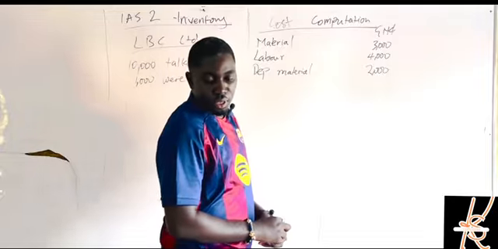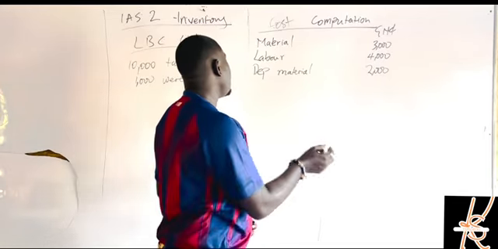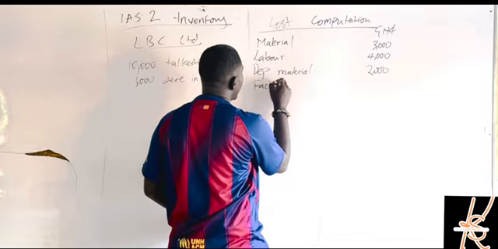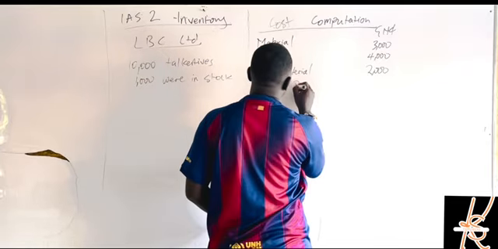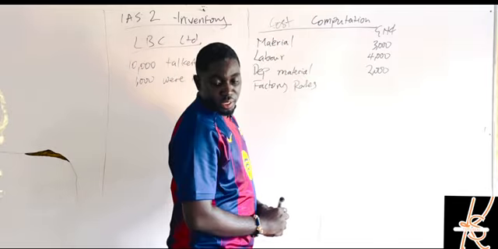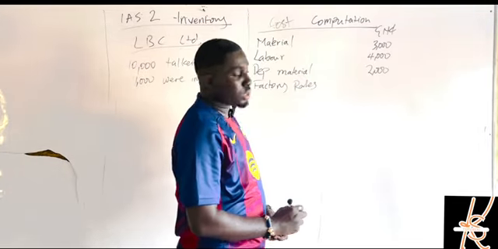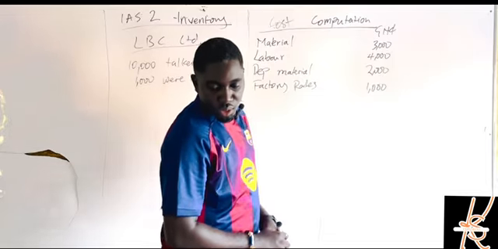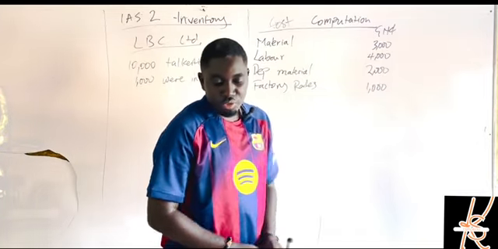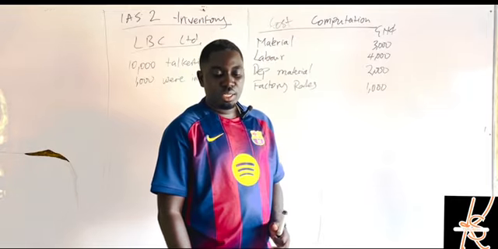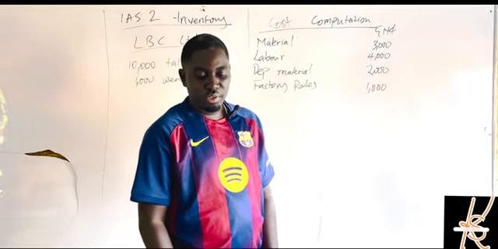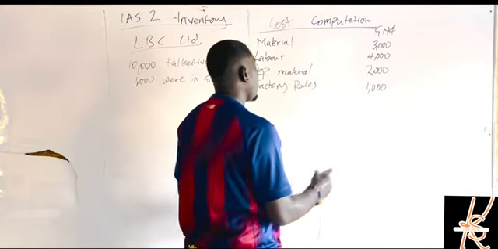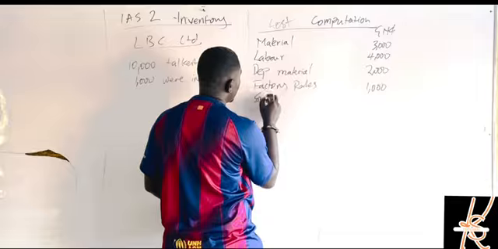And then we have factory rates, which are also part because they are directly attributable to production. Factory rates are 1,000. Sundry factory expenses are also part because the expenses are for the factory.